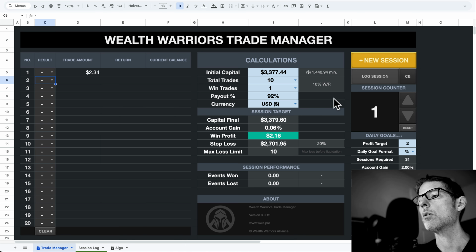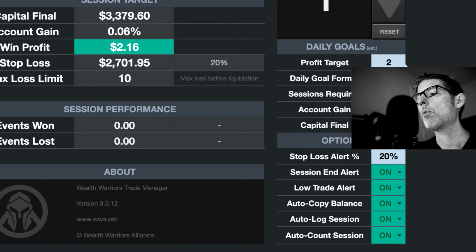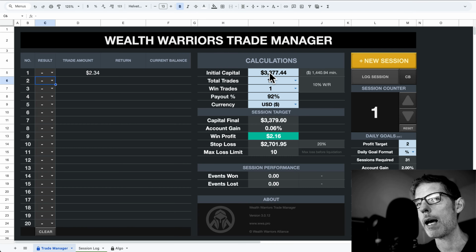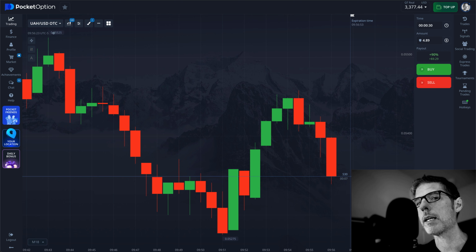Or here's what you can do. Turn off right down here where you have the auto copy balance feature. It's currently on, but you can turn this off. So that kind of stops the compounding from working. So you're only trading with whatever amount that you have inside of your initial capital, not the capital that you're working with inside Pocket Option.